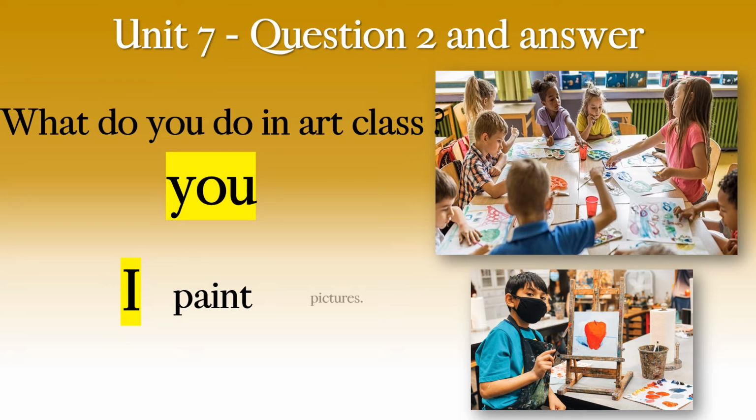I paint pictures. So, what do you do in art class? I paint pictures. Now, look at the question again. Here we say in. What do you do in? Not on and not at. Okay, what do you do in art class? I paint pictures.